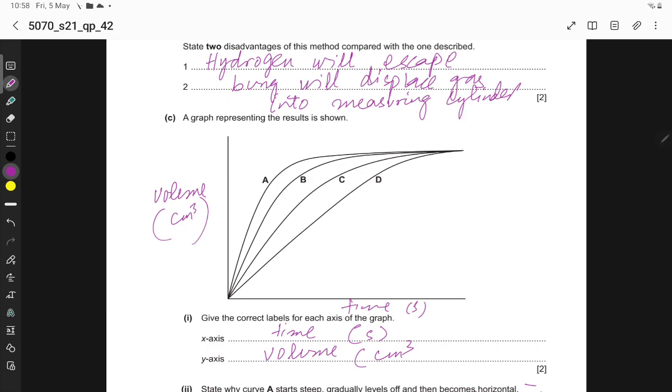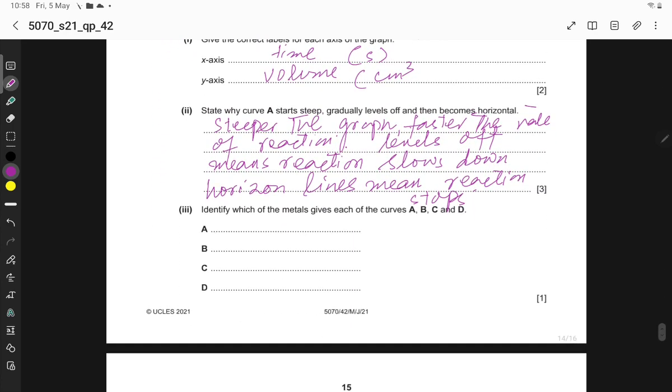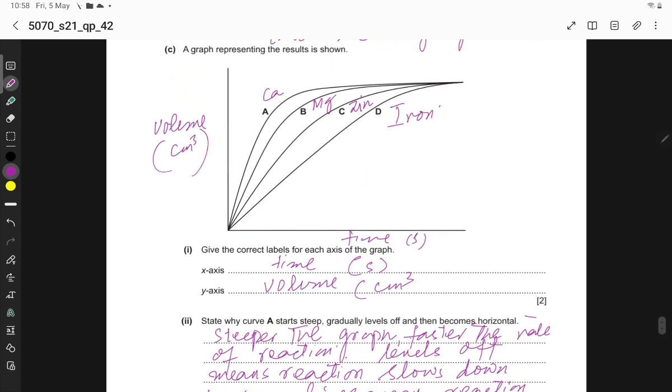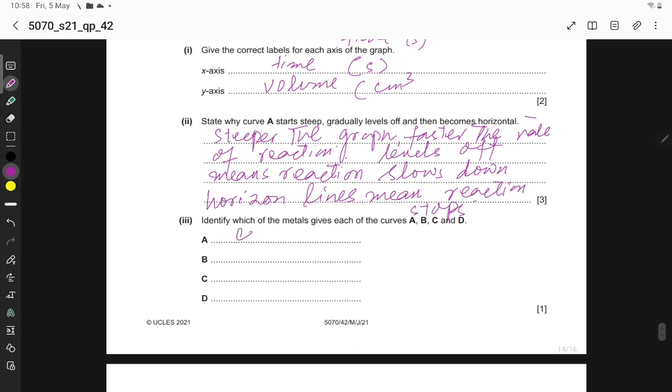A is calcium because it is more reactive, B is magnesium, C is zinc, and D is iron.